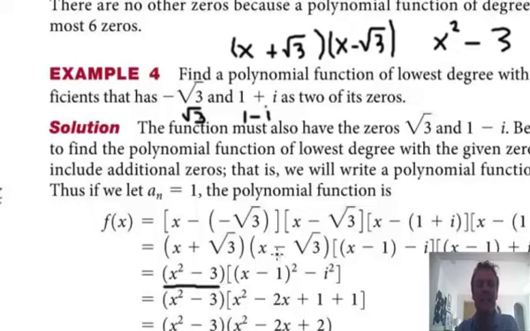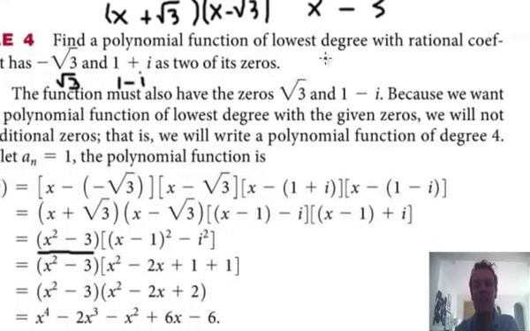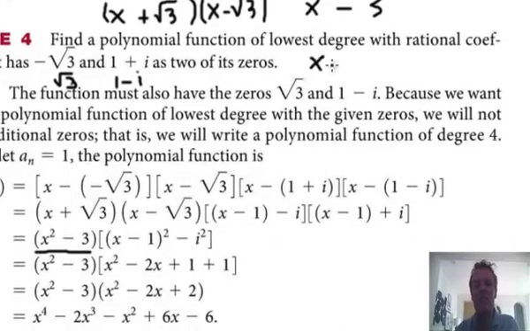Okay. Now, the slightly harder one. If I have 1 plus i as a 0, it must have come from x minus (1 plus i). Okay. Now look at that. Remember, it was 1 plus i. Because it was positive 1 plus i, it must have come from x minus (1 plus i). All right.